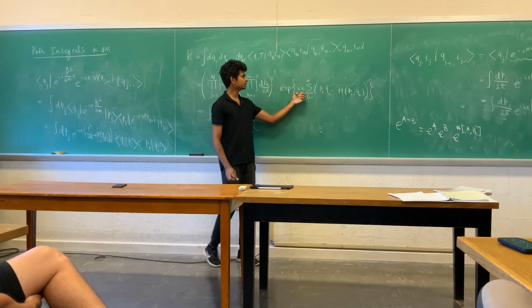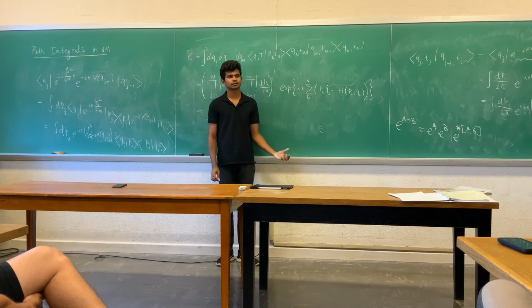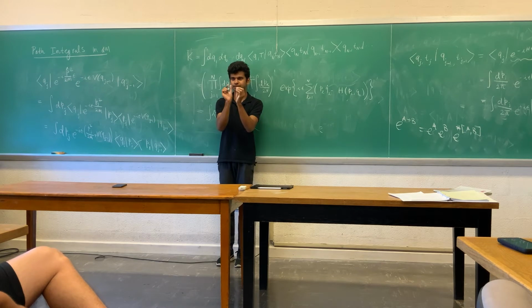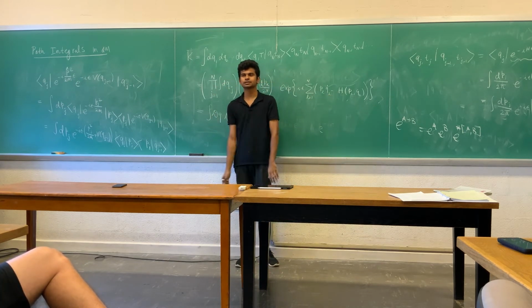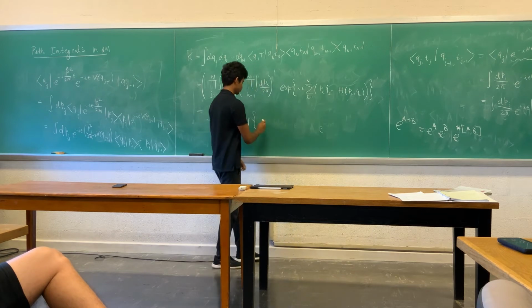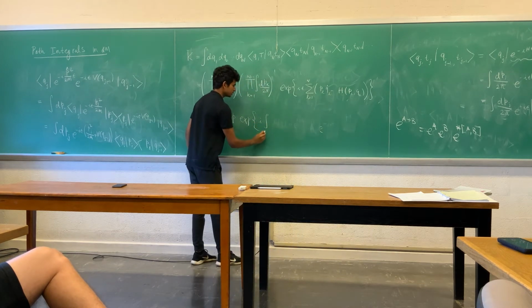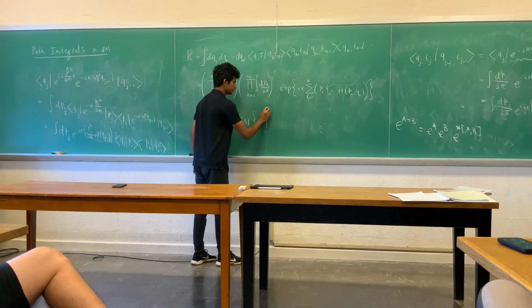So epsilon times this summation becomes integral of dt, because epsilon is time slices, and I'm summing this thing for every time slice, which is just an integral. So it's i integral 0 to t.